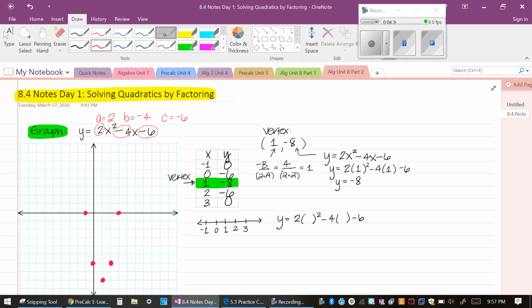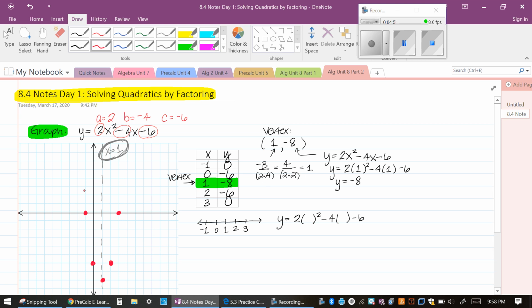The axis of symmetry, remember, is a vertical imaginary line that passes through the vertex. So this equation is x equals 1 because it passes through the x-axis at a value of 1. Remember that the equation for that is the opposite of b over 2a. The equation for the axis of symmetry is the same as for the vertex when you're finding the x value.